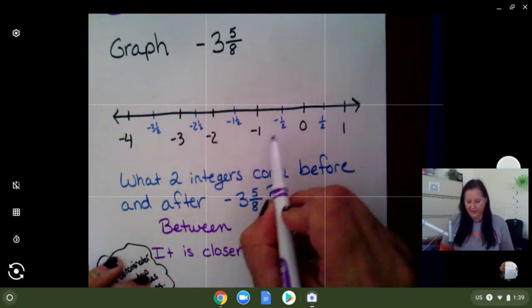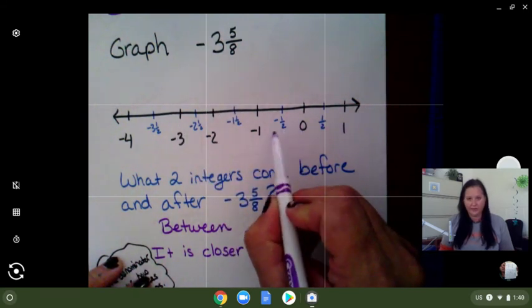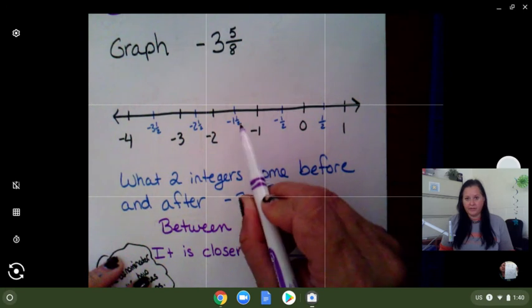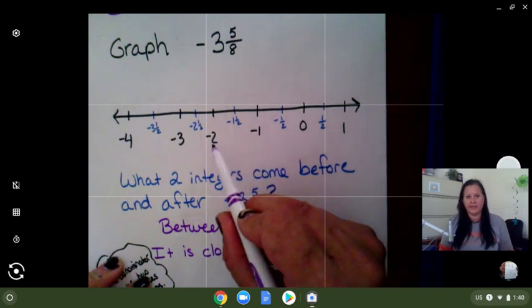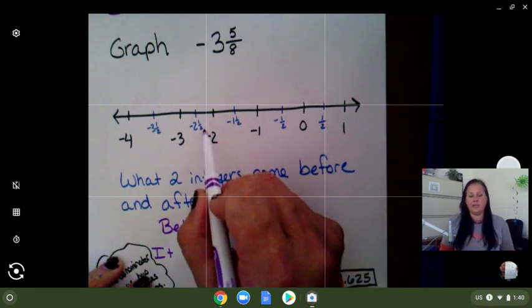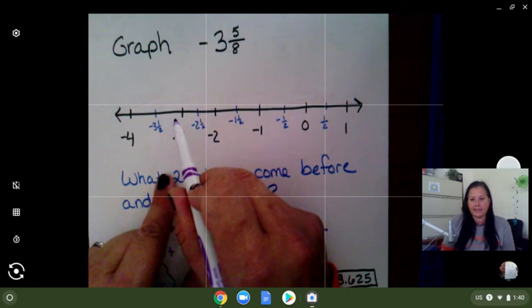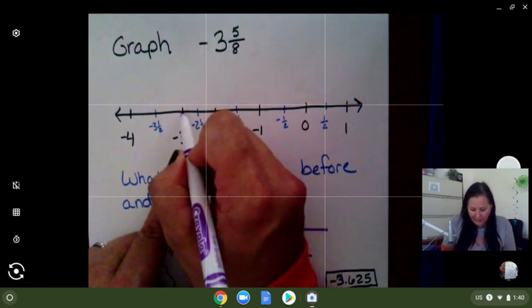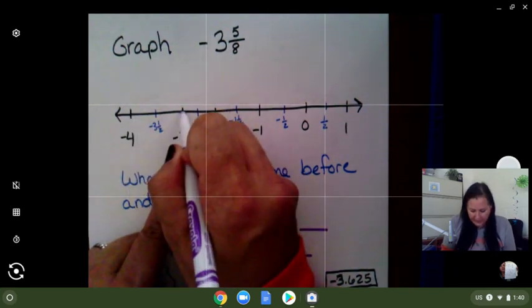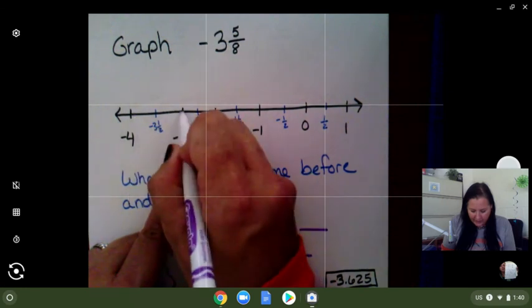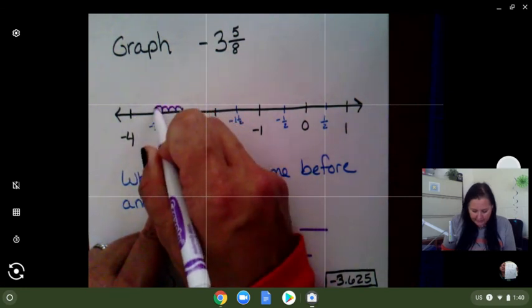So look how we start with a negative half, a negative 1, a negative 1.5, a negative 2, a negative 2.5, negative 3. Here's negative 3.5. So what the 8, the denominator, means is that I would cut this, between the 3 and the negative 4, into 8 pieces.